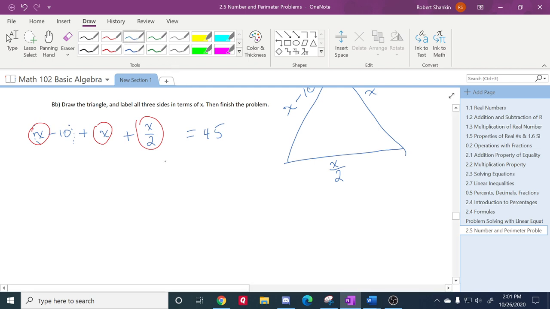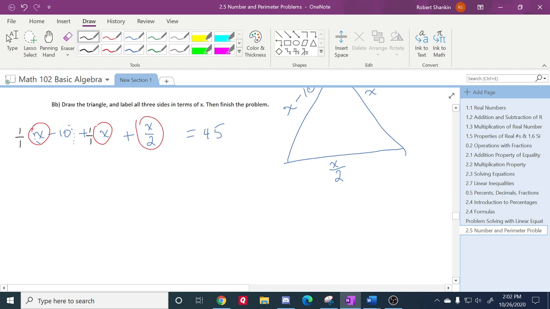Okay, this always presents a problem. Students at this level always get challenged by these fractions, especially fractions with letters. All right, there's a few ways to do this, and let me show you all of those ways. You can get common denominators. This is really 1 over 1 in front of this one, and a 1 over 1 in front of this one. The least common denominator is 2, so you multiply this by 2 over 2, this by 2 over 2.